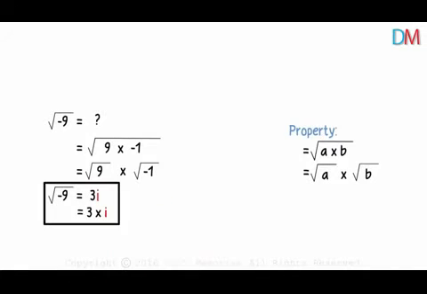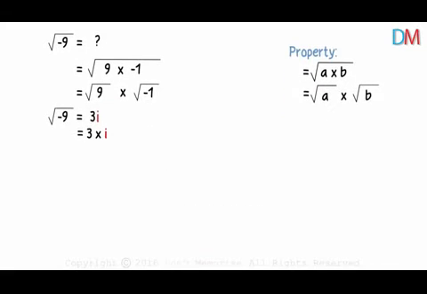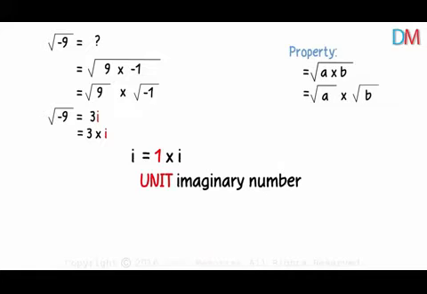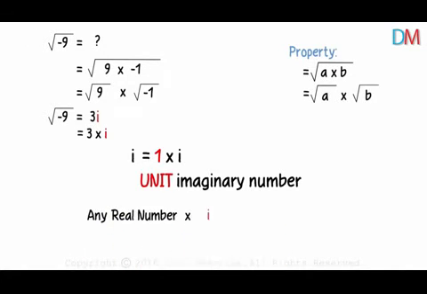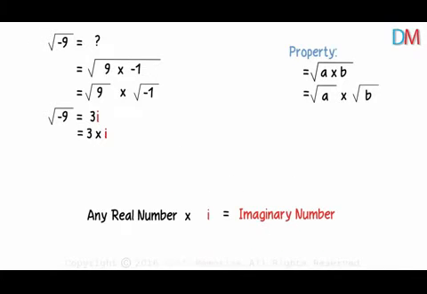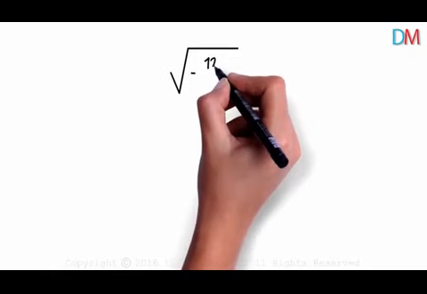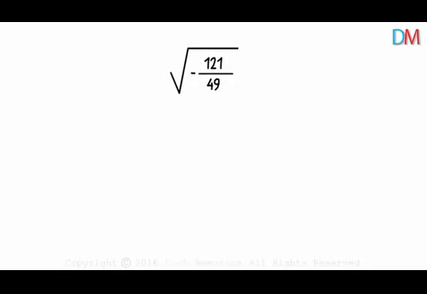And this is also an imaginary number. But it's not a unit imaginary number as it's 3 times i. But the unit number i is 1 times i and hence it's called a unit imaginary number. Basically, any real number times i is an imaginary number. For instance, this is how we would write square root of negative 121 over 49.